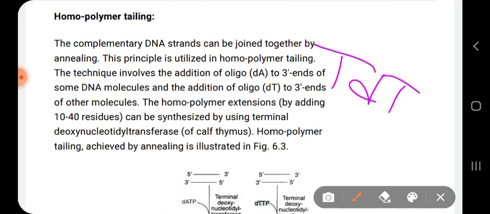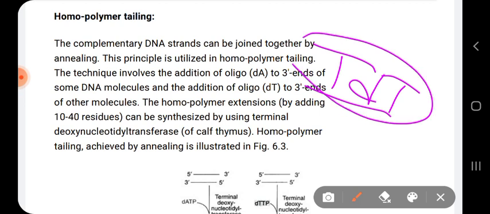So what does TdT do? This terminal deoxynucleotide transferase extends the 3' end of the blunt ended fragments, and thus can produce sticky ends from the blunt ends.